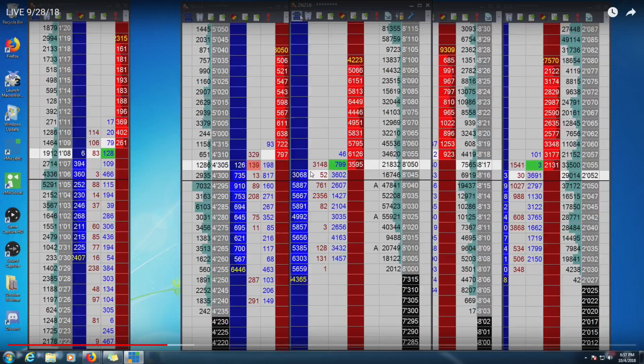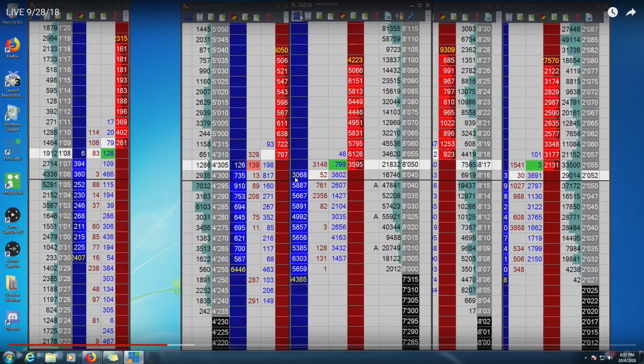Okay, one thing that helps me remember the execution of a trade: blue in, red out. If I'm going long, blue in, red out. If I decide I am going to limit order here, that means I'm going to be right here with this 3,068.